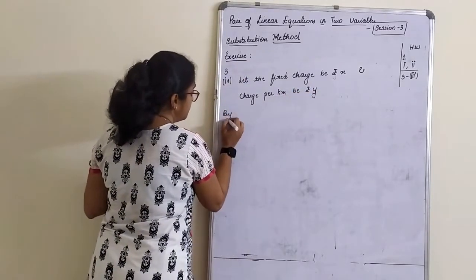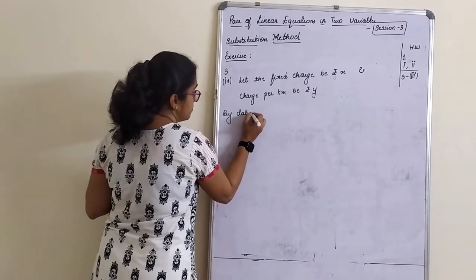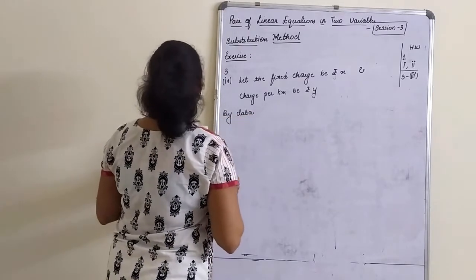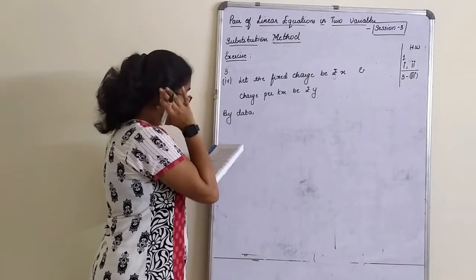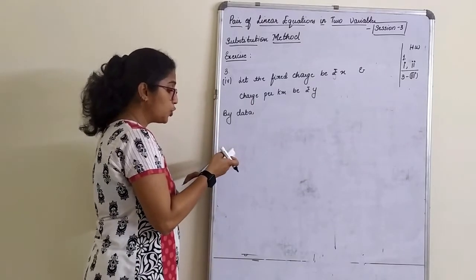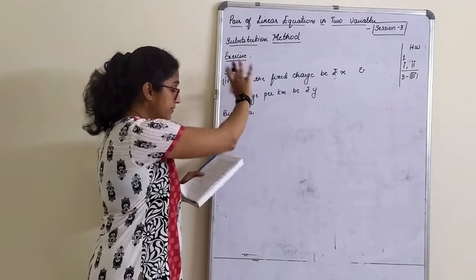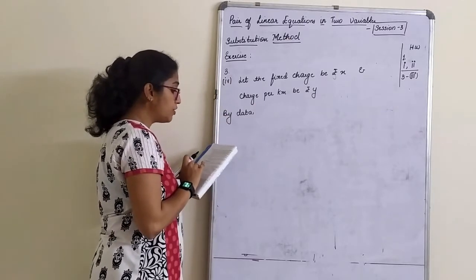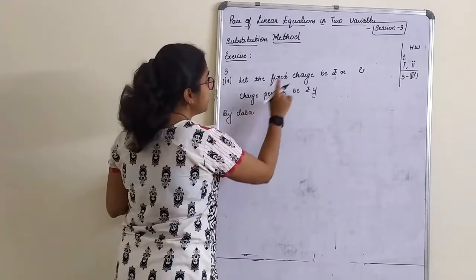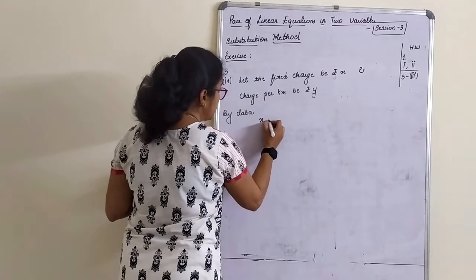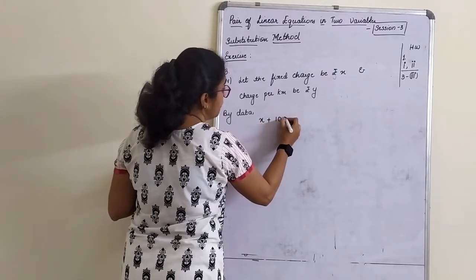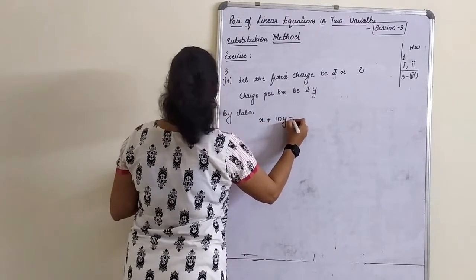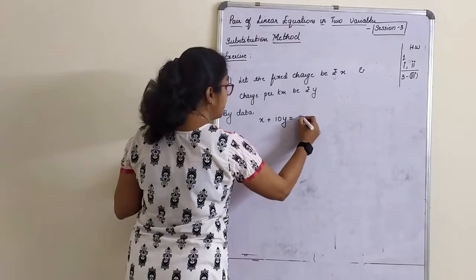So my data, what they have given: the taxi charges in the city consist of a fixed charge together with a charge for distance covered, that we have written here. For a distance of 10 km, the fixed charge is x, and for the distance of 10 km, 10y, the charge paid is 105.